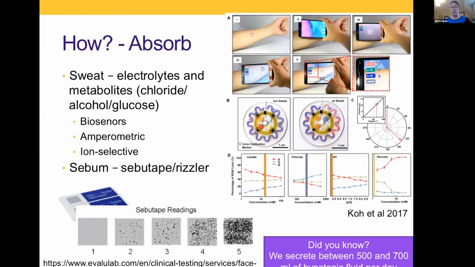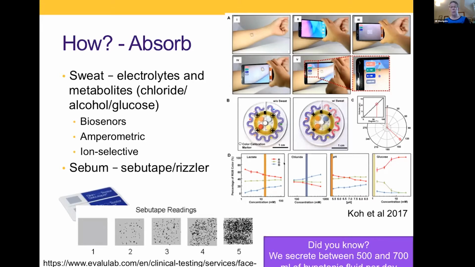And this scheme here comes from a paper that was published a few years ago, where they developed a little patch with a microfluidics arrangement, and on induction of sweating, you end up with a change in the colors, the colorimetric presentation of different materials that are being examined and analyzed for.